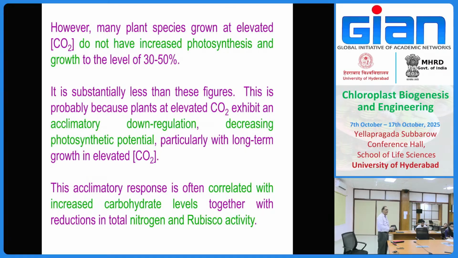Nitrate assimilation, nitrate reduction to ammonium, and subsequent assimilation of ammonium into amino acids cannot keep pace with the increased CO2 fixation. So we have more carbohydrate, but we cannot synthesize amino acids and proteins at a faster rate because of limitation in nitrogen assimilation.